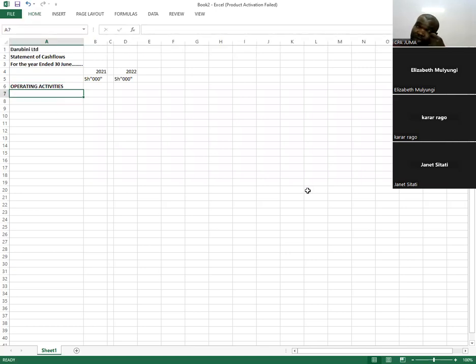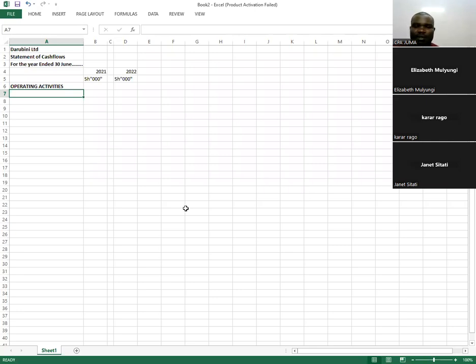So I want to engage the class. Under operating activities in cash flow, what do we start with? Somebody? What do we start with? Which profit? Profit before or after tax?